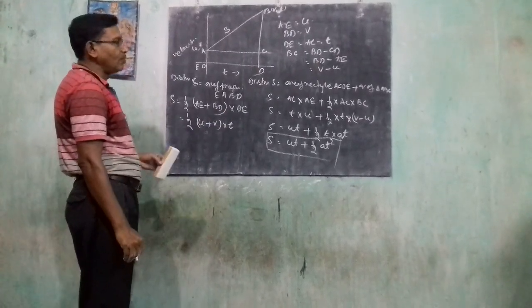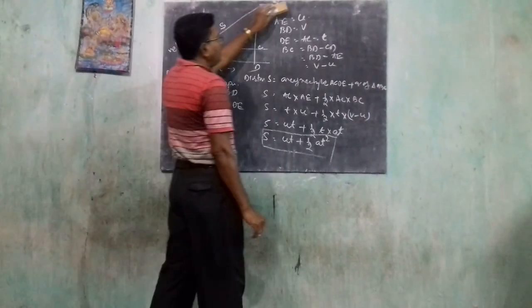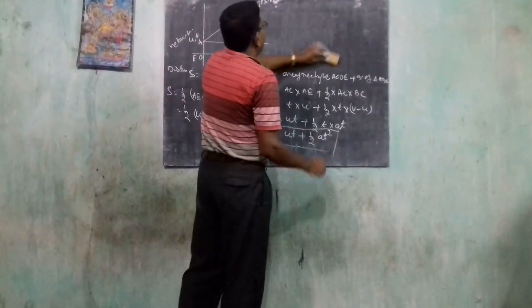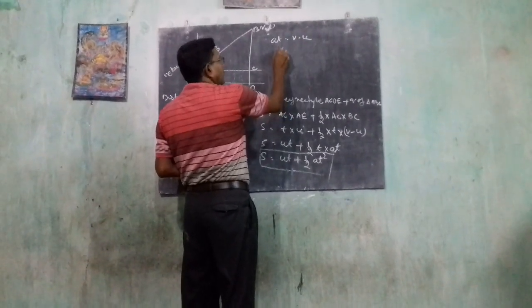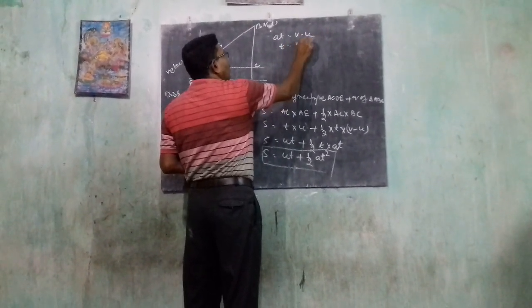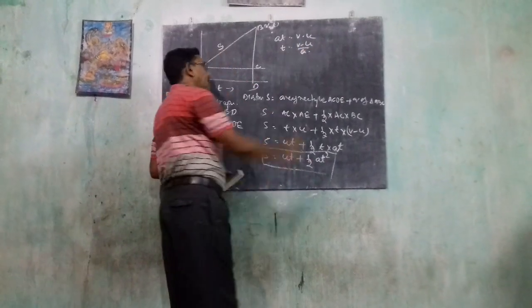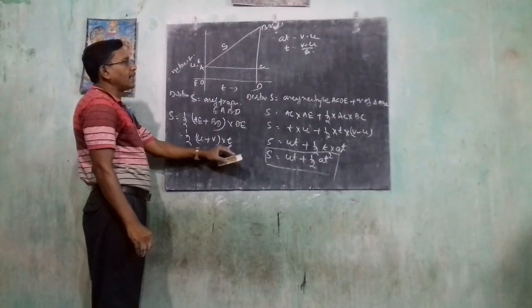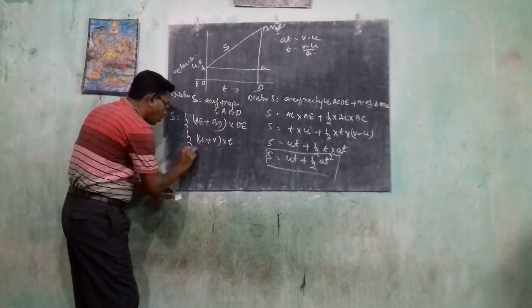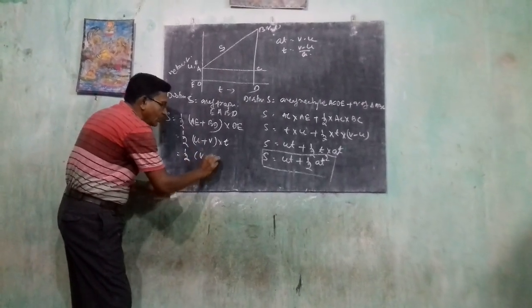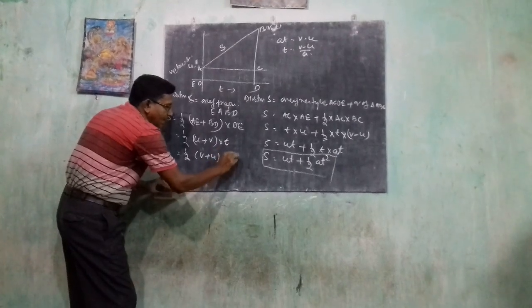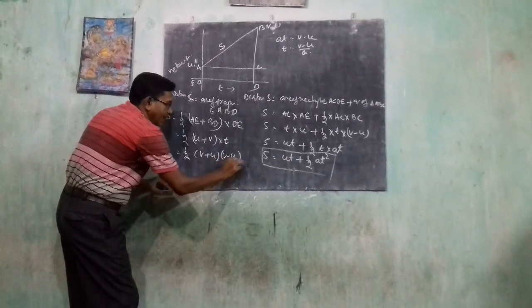From the first equation of motion, we find the time. at equals v minus u, so time t equals v minus u by a. In place of t, we can write v minus u by a. So S equals half (v plus u) into (v minus u) by a.